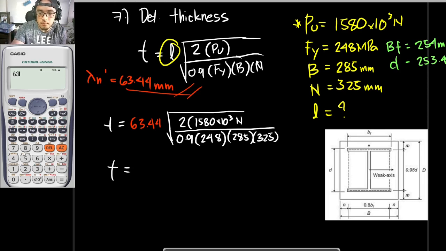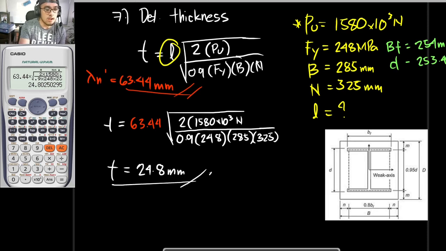So 63.44 times the square root of 2 times 1580 times 1000 divided by 0.9 times 248 times 285 times 325. Okay, so the thickness that we would be using for our base plate would be 24.8 millimeters. So this is to be the theoretical value.